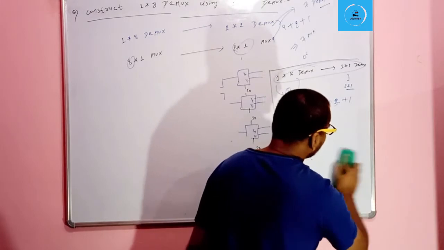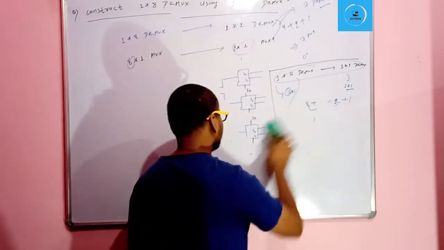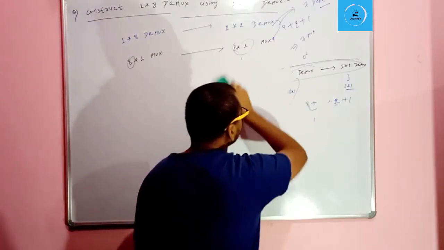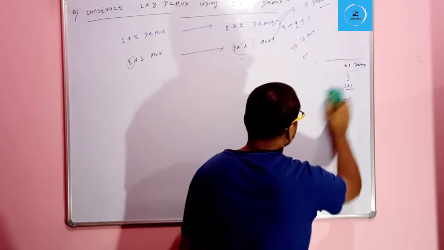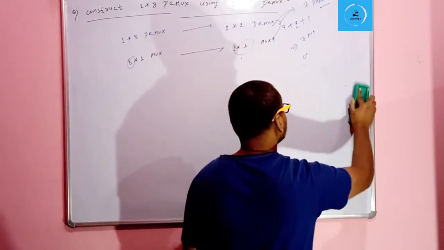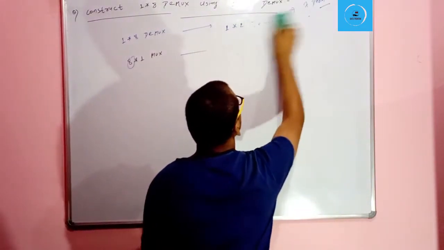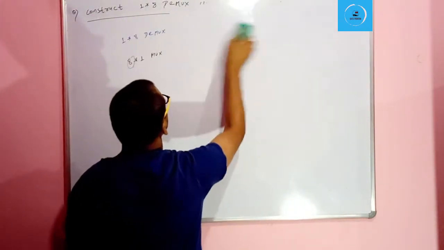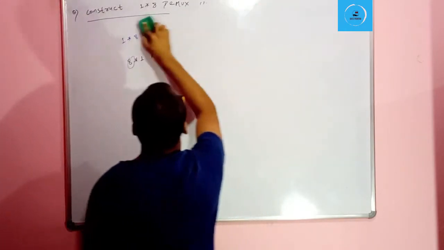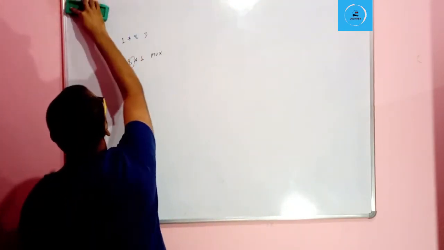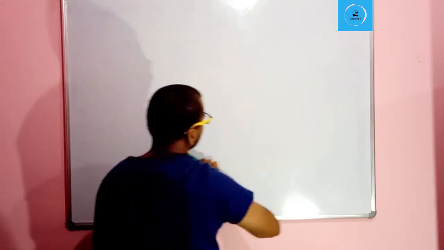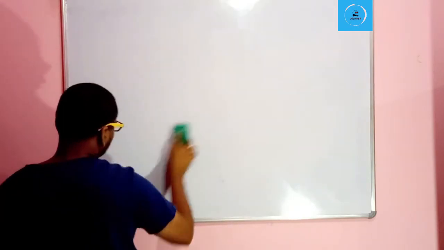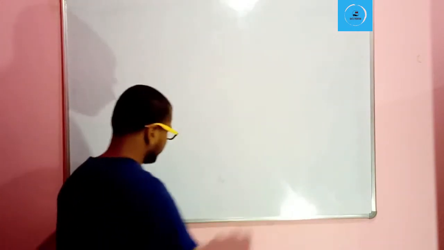So we can define the decoder as a combinational circuit in which there will be many inputs as well as many outputs, right? So we will start with the decoder.